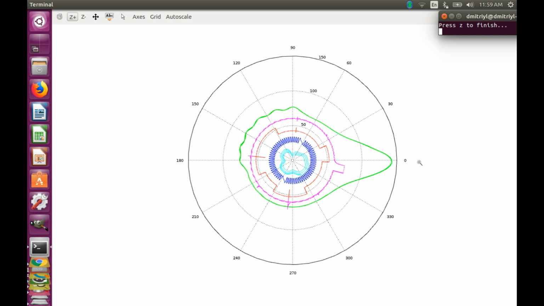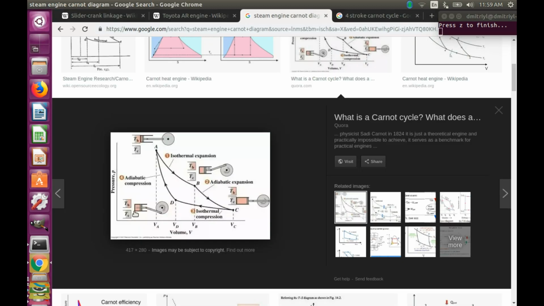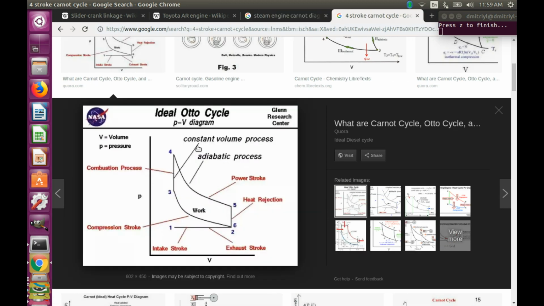So can we use that information to plot the volume in the cylinder versus the pressure? How would this plot look like? And would it be similar or dissimilar to the plots that we find in textbooks for, let's say, a steam engine or for a 4-stroke engine?